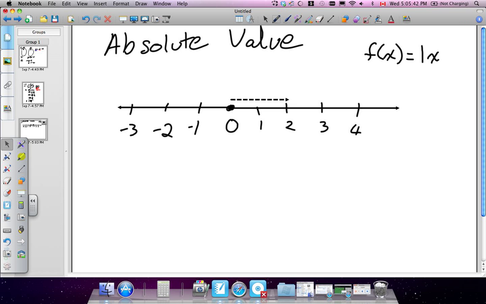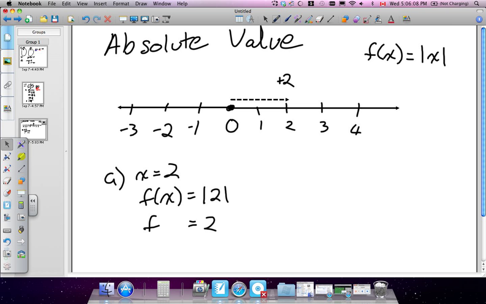So let's say x is 2. F at x equals absolute value of 2. Well, my f at x is just positive 2. And if we were to graph it, we would say y is equal to 2. That was if we're going to graph the function. We need an output, right?